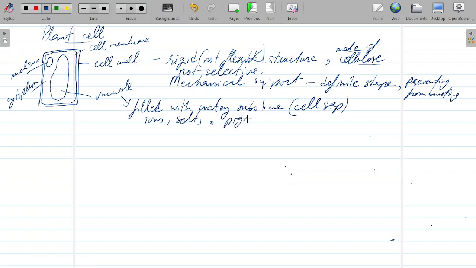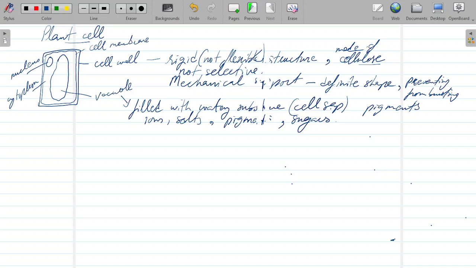Pigments are molecules that give color. What else does it have? Yes, maybe sugars as a store. And of course, the cell wall, nucleus and cytoplasm we already talked about, so their functions are the same as in the animal cell.